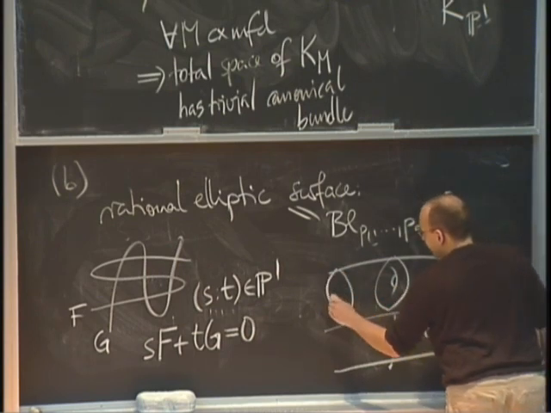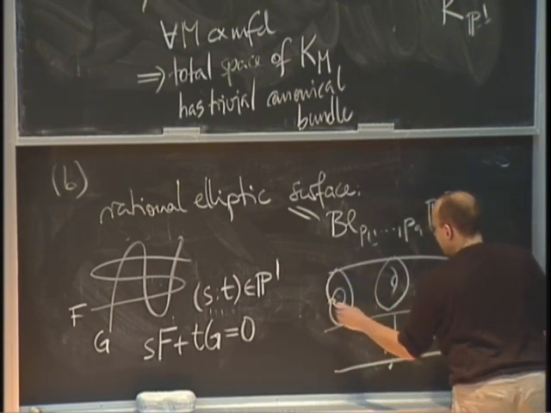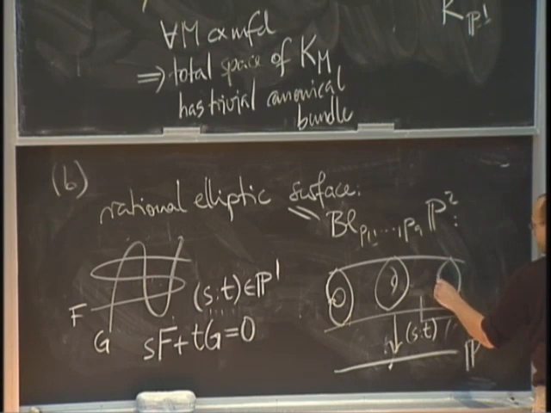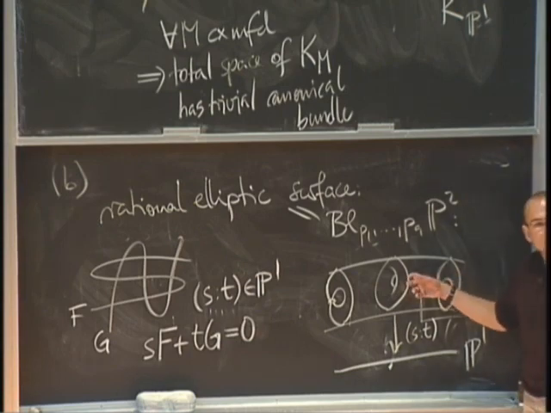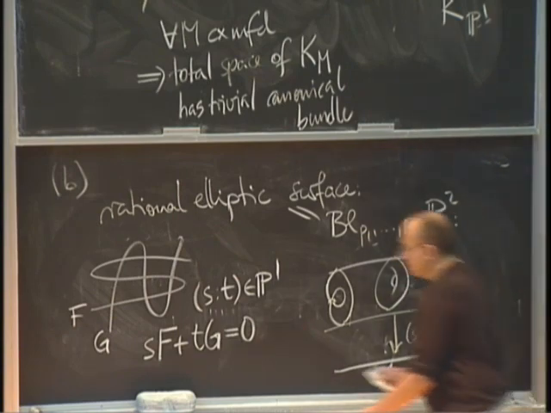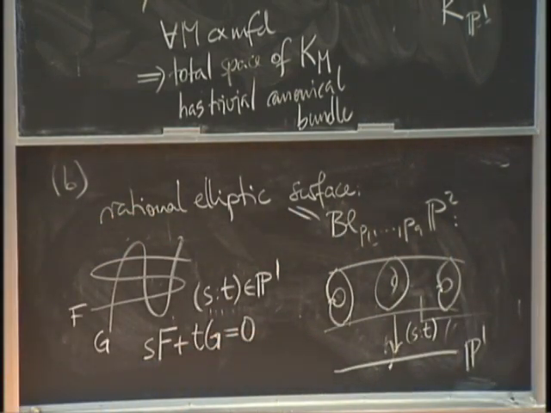And then there's a bunch of singular fibers as well. So now what I can do with this, I can take 2 copies of a rational elliptic surface and glue them together. That's what's called taking a fiber sum.